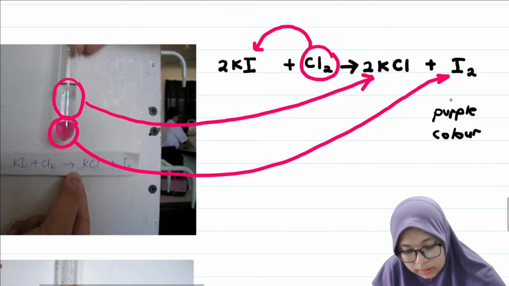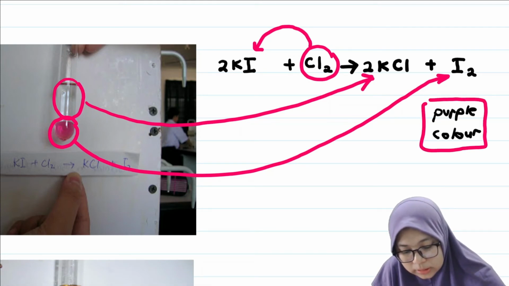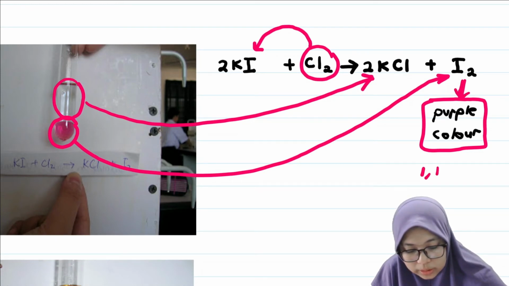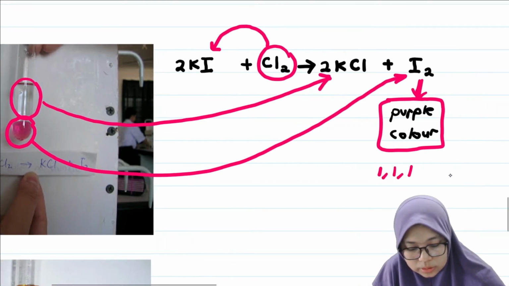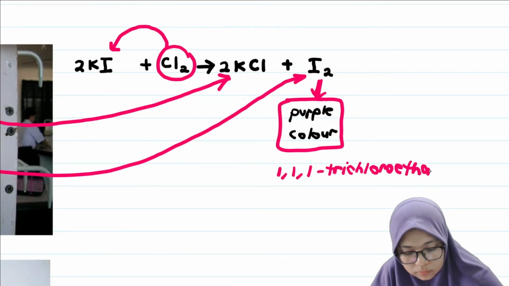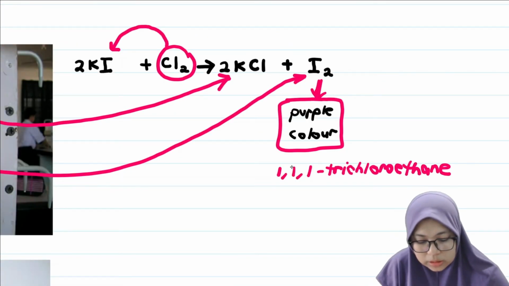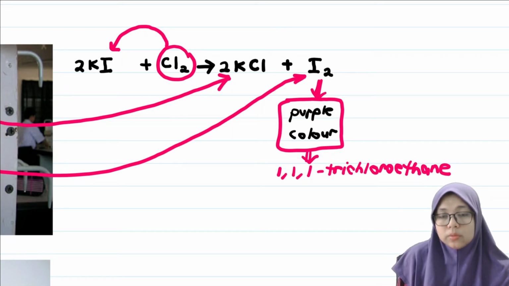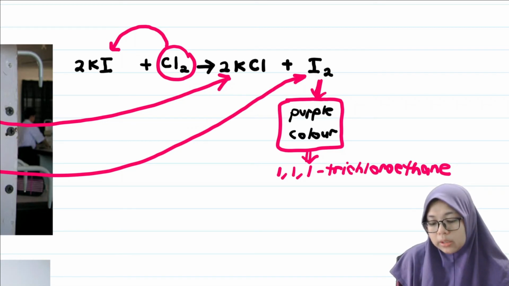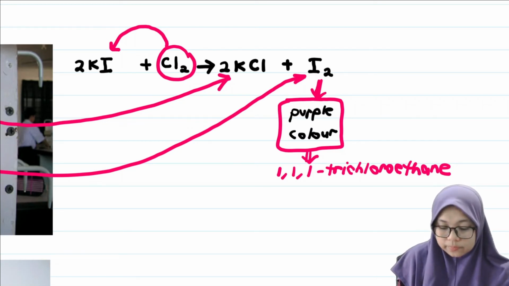Okay, the purple color here is actually the color for iodine in 1,1,1 trichloroethane. So iodine in 1,1,1 trichloroethane produces purple color. It will show that iodine is already displaced by chlorine in this reaction.